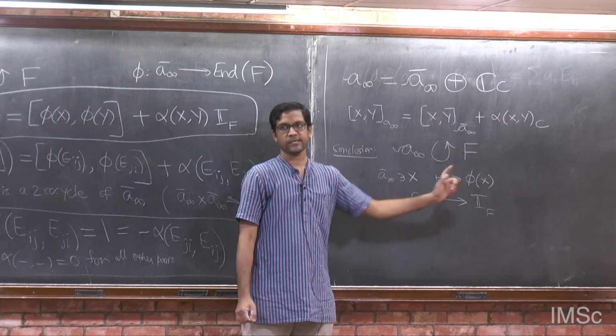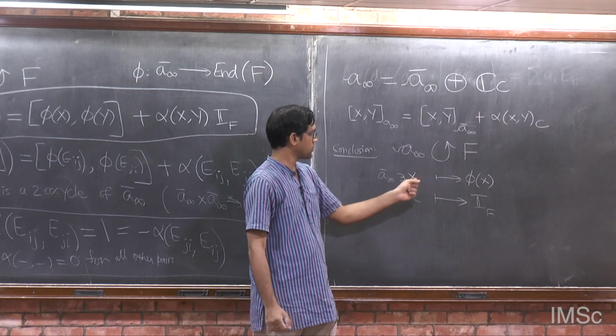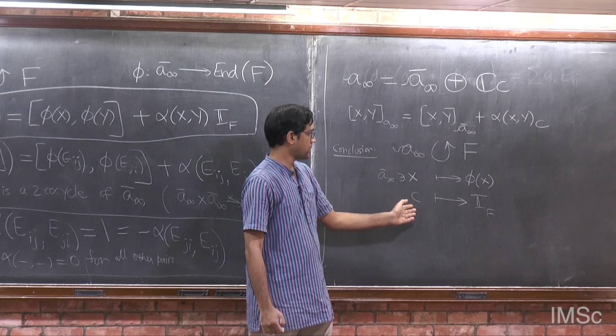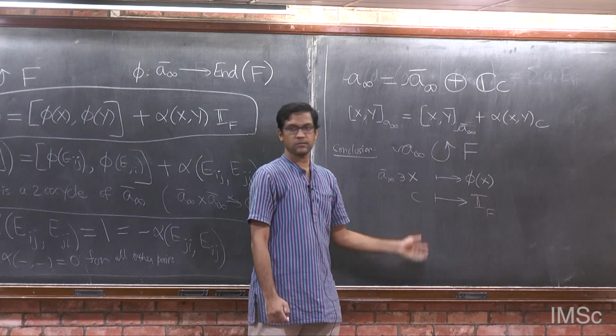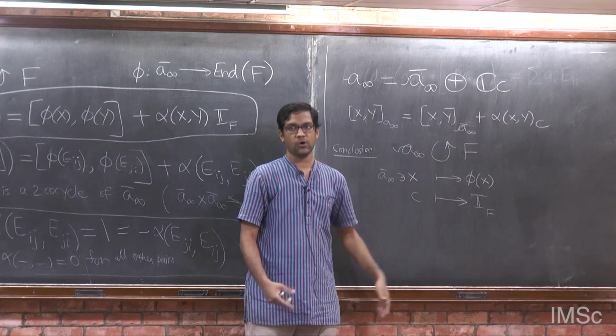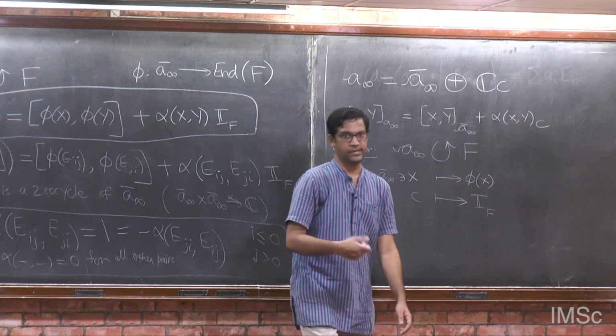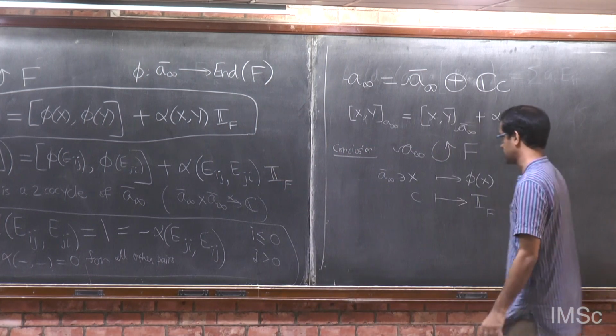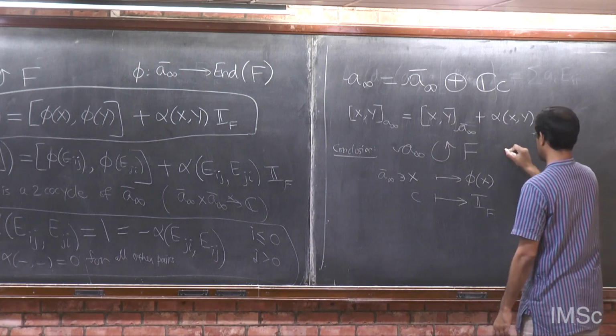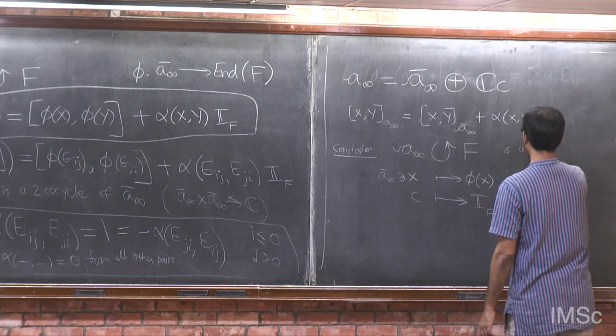Okay, so you make C act as I, you make the remaining elements act as phi x, and now this is a well-defined action, an honest linear action of this Lie algebra, not a projective action like in the earlier case.